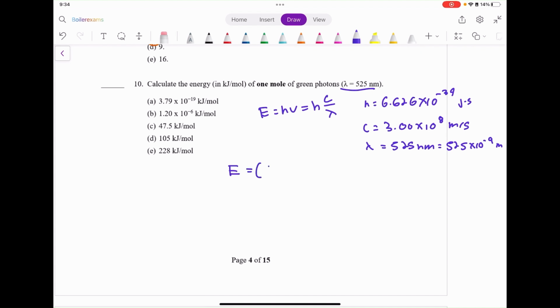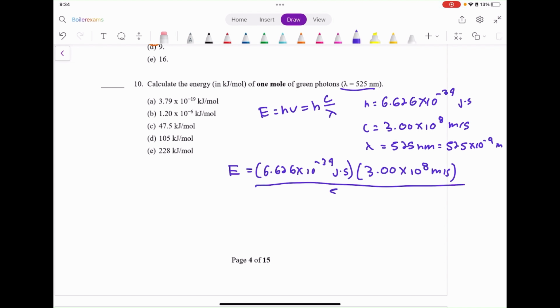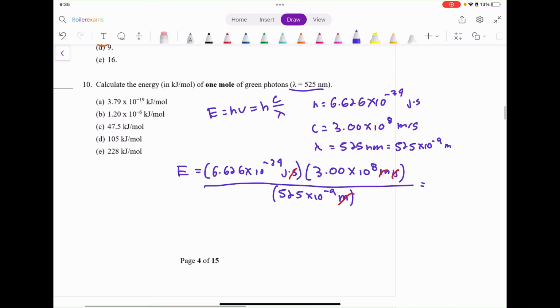E equals 6.626 times 10 to the negative 34 joules times seconds, times c, which is this number, all over lambda, which is this number. Lambda is the wavelength. Seconds would cancel, meters would cancel. This is going to be the energy in joules.